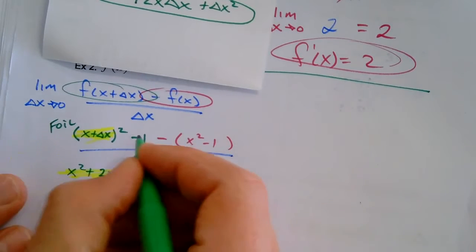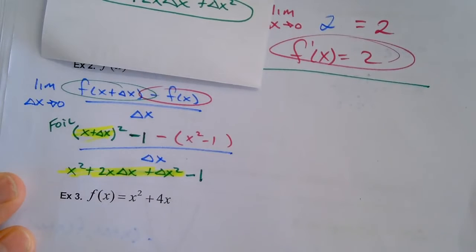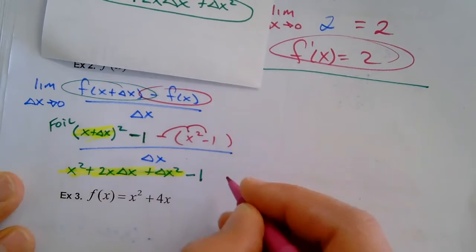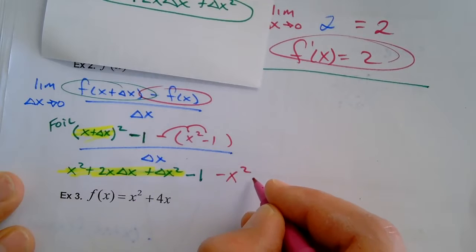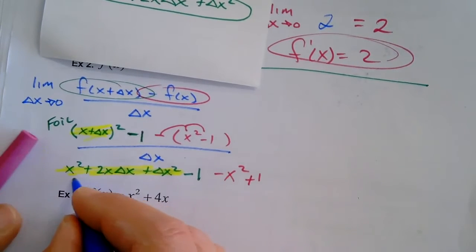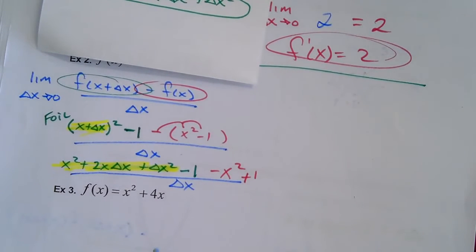And then I have this minus 1, include that, minus 1. Any questions on where I got this green part? I'm going to go ahead and distribute now. I've got negative x squared, and when I take a negative and multiply, that's a positive 1. So far, so good?